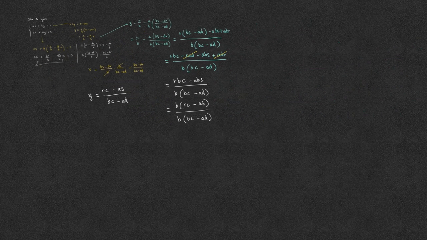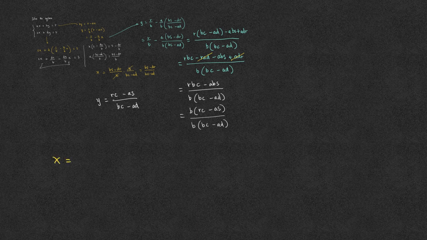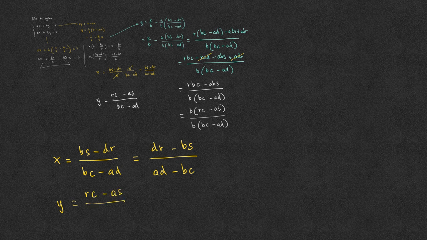But what are these expressions? x equals bs minus dr over bc minus ad, which can be written as dr minus bs over ad minus bc, where we multiply negative 1 to the top and bottom. y equals rc minus as over bc minus ad can be rewritten as as minus cr over ad minus bc.